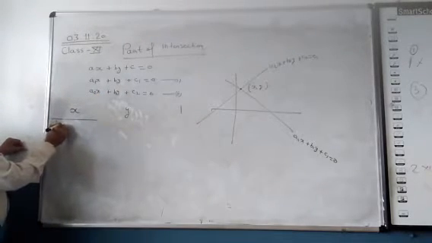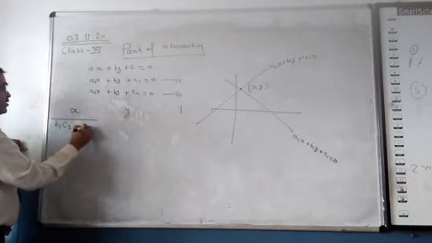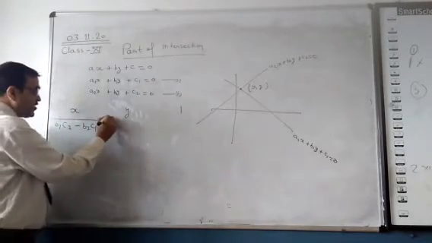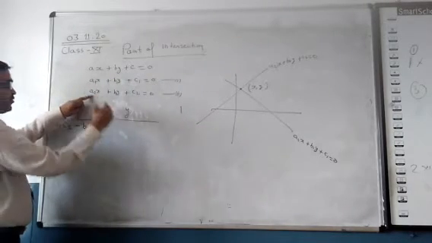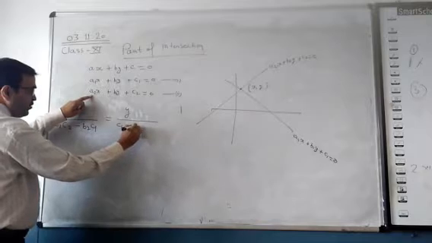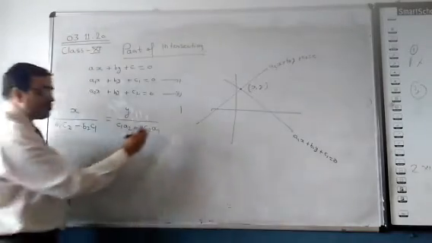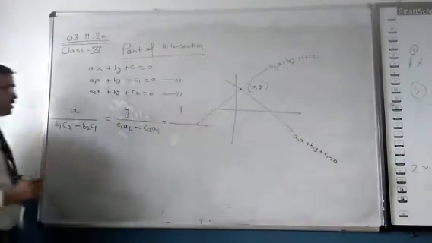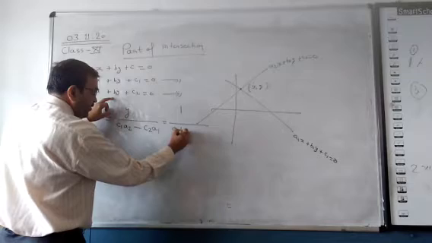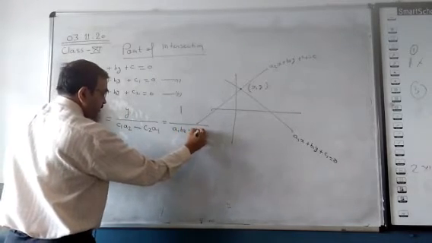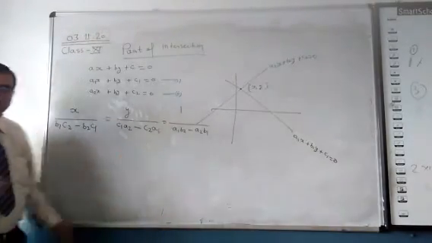So b1 multiplied by c2 minus b2 c1 is equal to y upon c1 a2 minus c2 a1 is equal to 1 upon a1 b2 minus a2 b1.